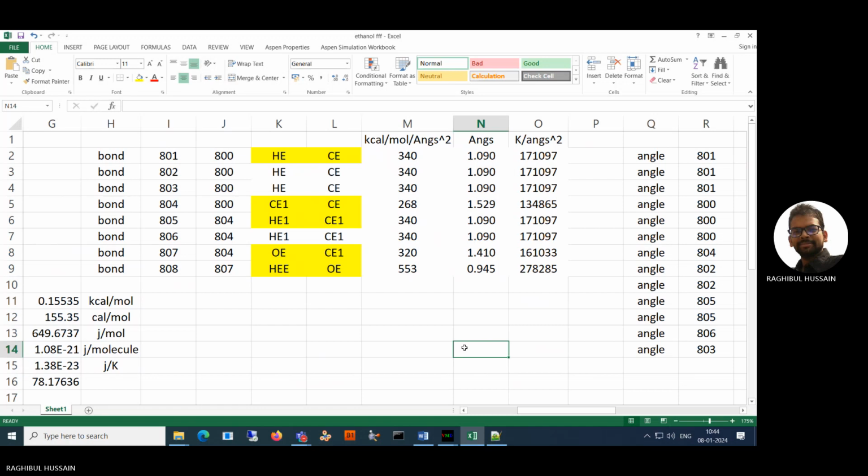Plus the other bonded. Bonded atoms are selected, consider here. That's the general only.